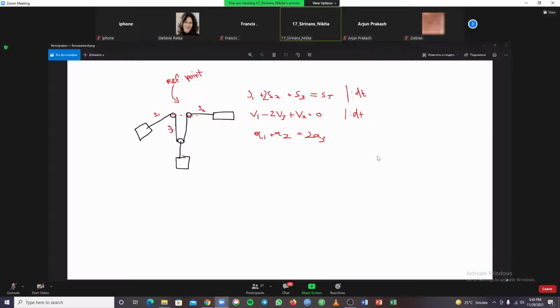I'm stating that A1 plus A2 is equal to A3. And I'm stating it from the fact that S1 plus 2S2 plus S3 is equal to ST. And when I take the derivative, I will receive a velocity.